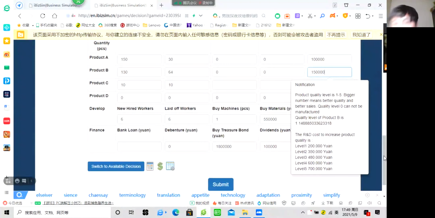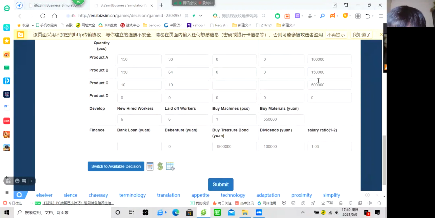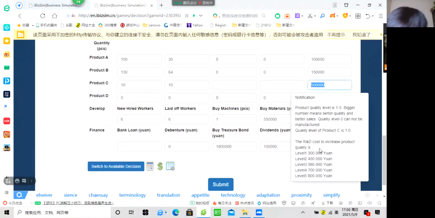Everyone know what I mean? So this should be the correct time. How about that? That's enough. No, this is too much. So this should be according to here, it should be 300,000. So that's a correct thing.